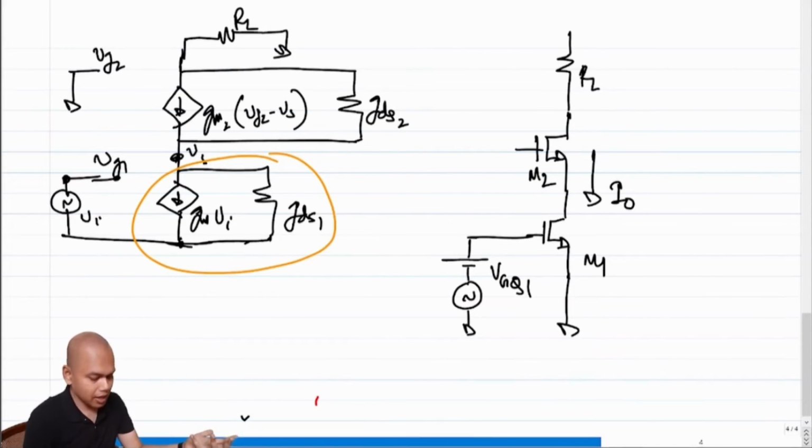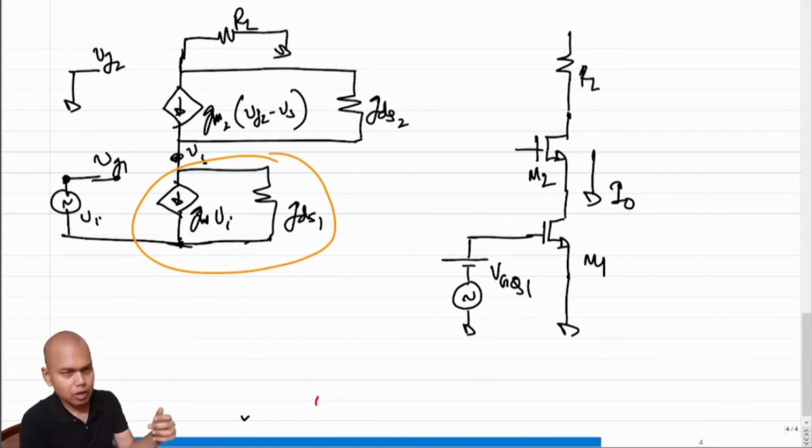So what do I mean when I say who is setting the current in this stack? What I am essentially saying is, on what factors does I naught depend? What are the primary factors on which I naught depends? In a transistor, it depends primarily on the VGS, provided the transistor is in saturation. Now as a designer, we have to ensure that the transistor actually remains in saturation, right?